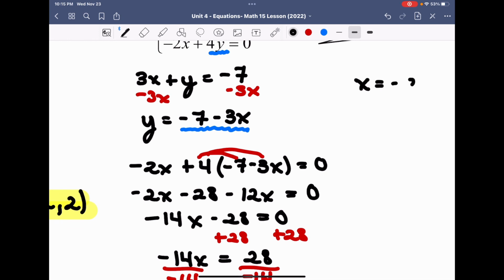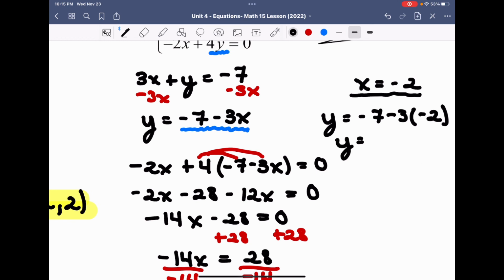We plug it into the equation y is equal to negative 7 minus 3 times the negative 2. So we get y is equal to negative 7 minus 3 times negative 2. That's like saying negative 7 plus 6, which is negative 1.